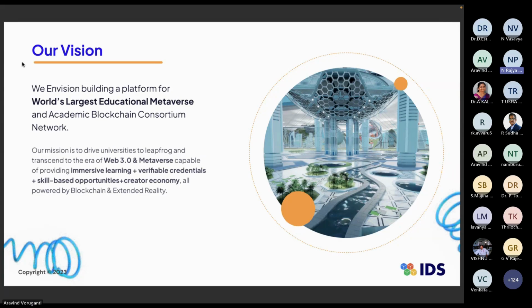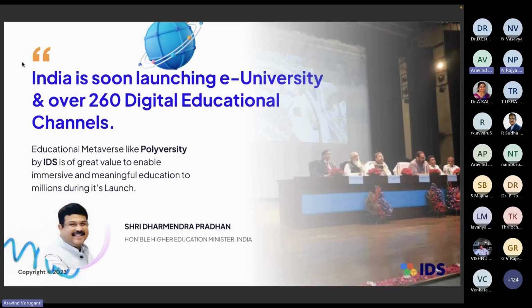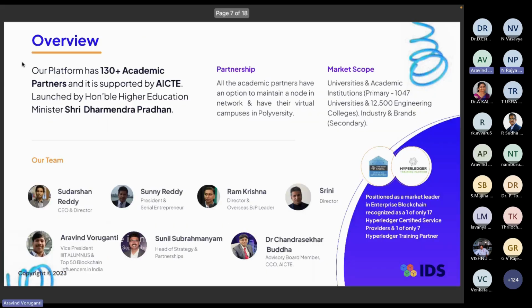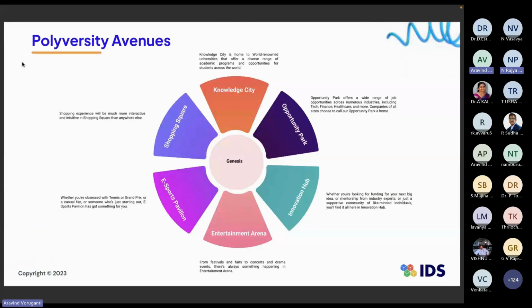This was launched a couple of years back by our Honorable Higher Education Minister Dharmendra Pradhanji at the AICTE auditorium. Polyversity is a metaverse which has 6 avenues. Think of this as virtual real estate.